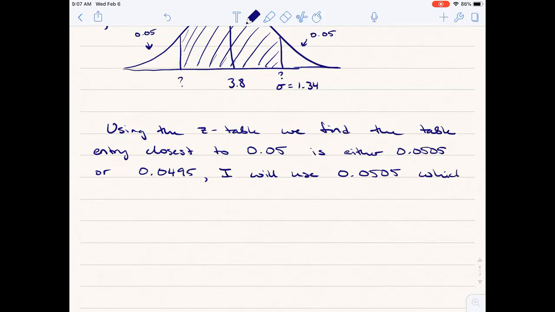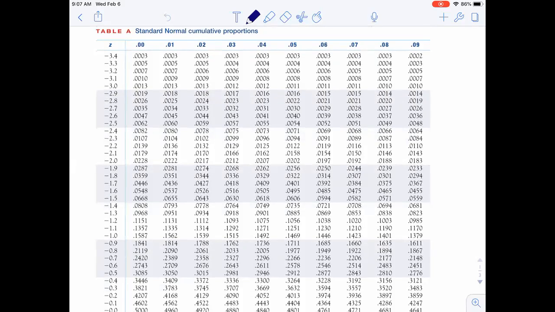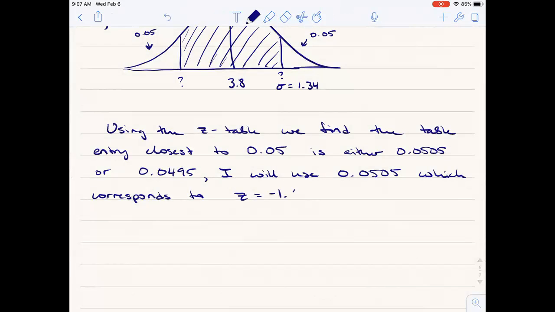Which corresponds to Z. So 0.0505, that's the one we landed on, and then we have negative 1.64, or negative 1.65 if you picked 0.0495. Negative 1.64.